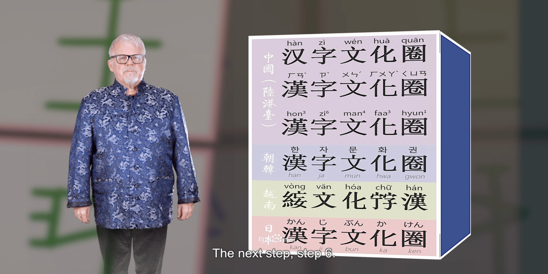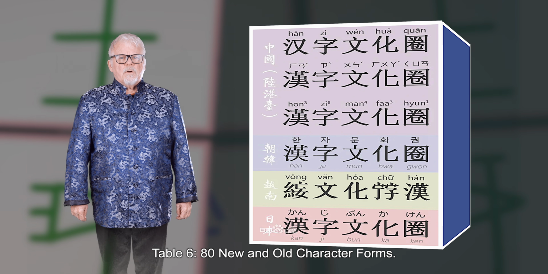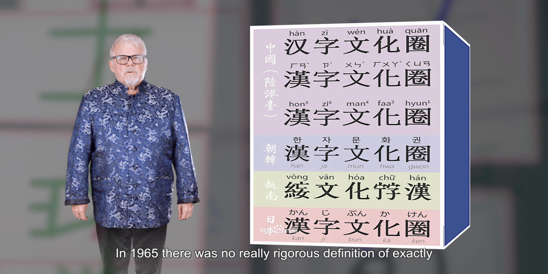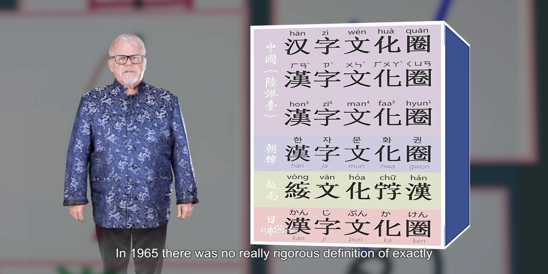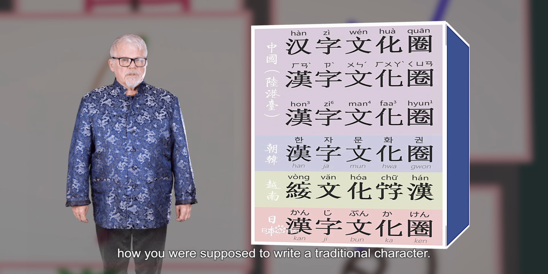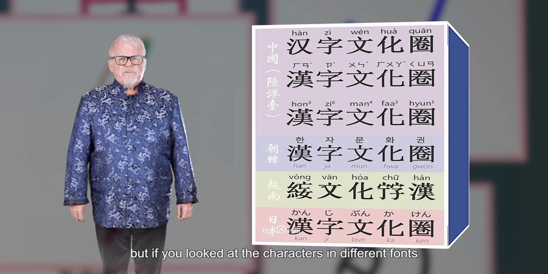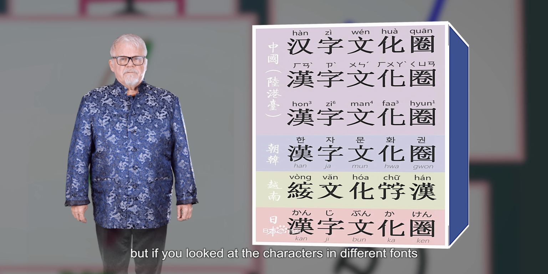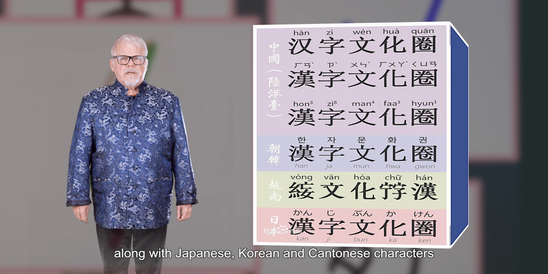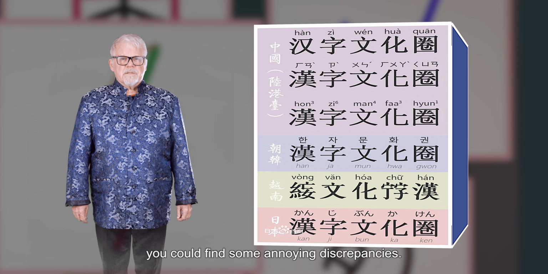Next step, step 6. Table 6, 80 new and old character forms. In 1965, there was no really rigorous definition of exactly how you were supposed to write a traditional character. There was the Kangxi Dictionary, but if you looked at the characters in different fonts, along with Japanese, Korean, and Cantonese characters, you could find some annoying discrepancies.